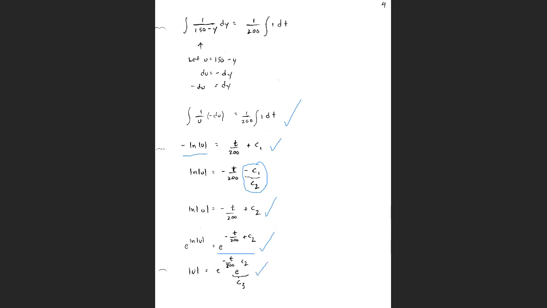And I'll rename e to the c2 power as c3. You have to change the name of the constant. You can't use the same name. And I look for those kinds of things in your work when you do your work on exams and so forth.